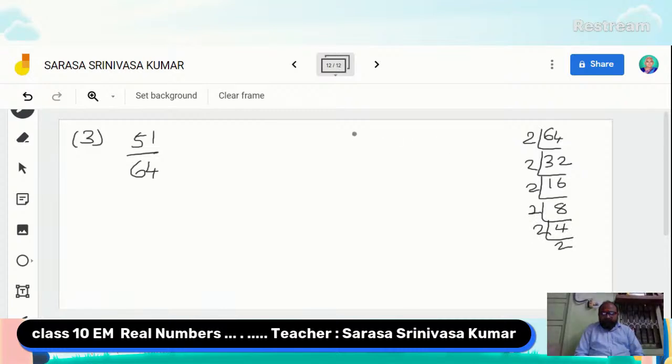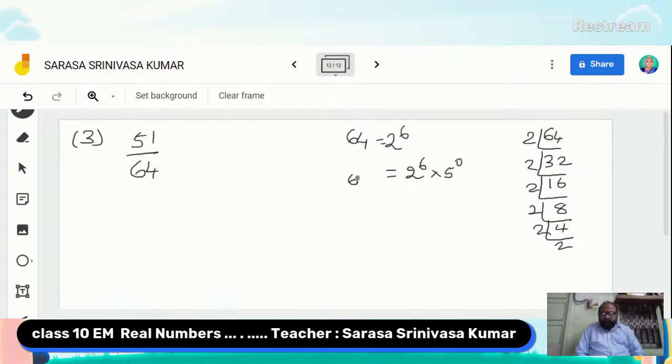So 64 is equal to 2 power 6. So this can be written as 2 power 6 multiplied by 5 power 0.